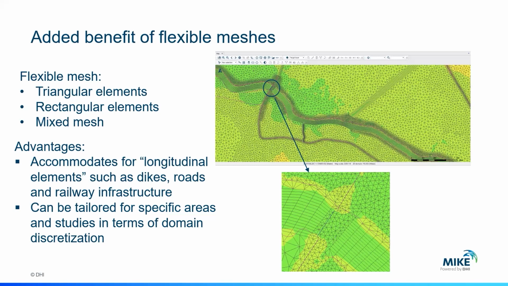The flexible mesh can use triangular elements, it can use rectangular elements, or a combination of the two, depending on the user's preference on how they would want to treat the system. So among the main advantages of the flexible mesh approach is that it can accommodate different types of elements, like flow obstructions in the area.